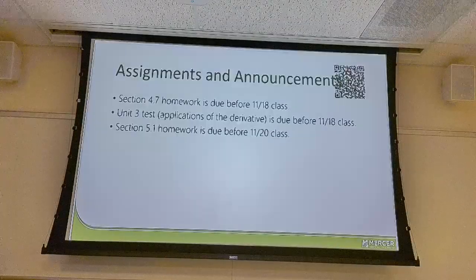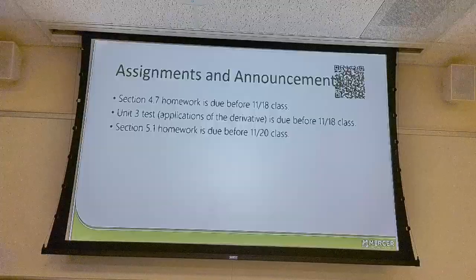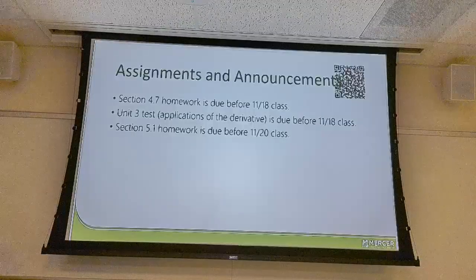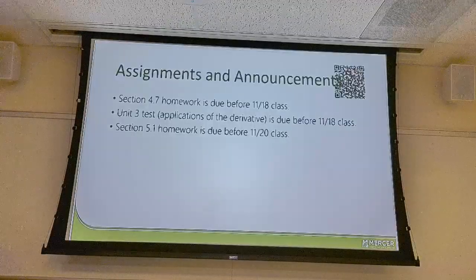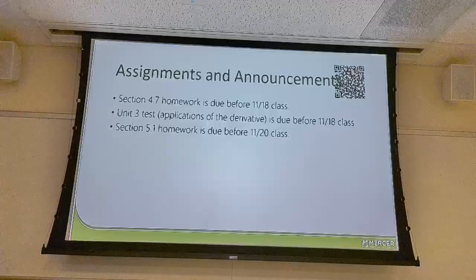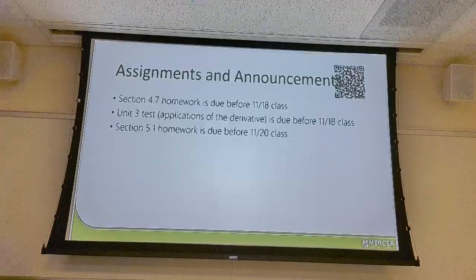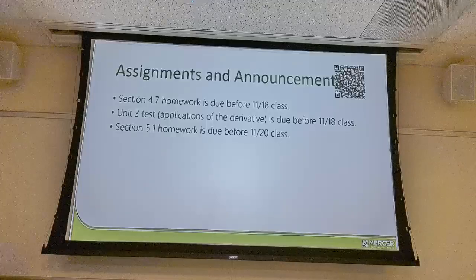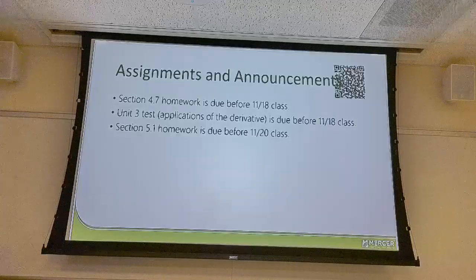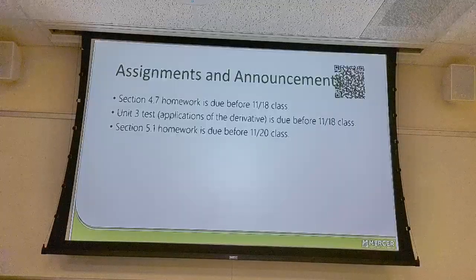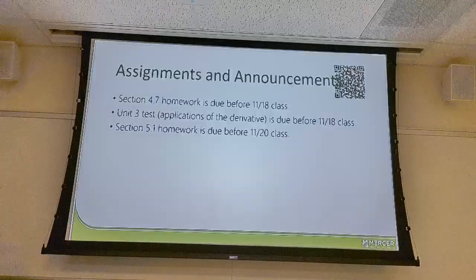Right, so don't forget about your third test. That is due Tuesday before class. That is just strictly the application of the derivative. So that's Newton's method, but you don't have to do anything crazy with it. It just asks for the first 3 iterations, I believe. I don't think I said to 6 decimal places.